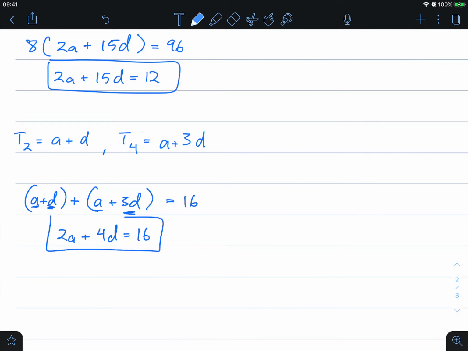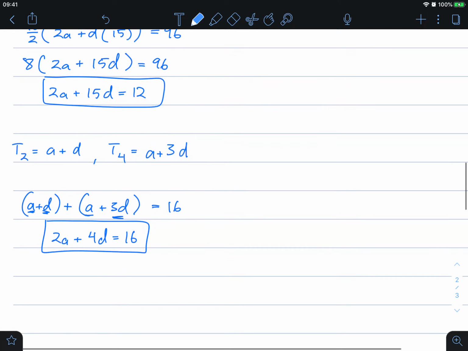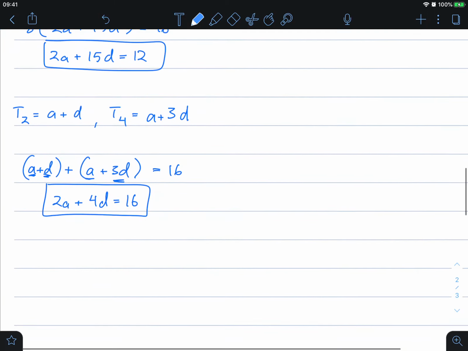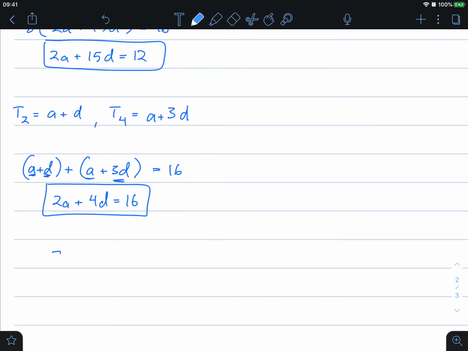Here's our second expression, and now we can see two different expressions that we need to simultaneously solve. Taking the first one, 2a plus 15d equals 12. Below it, we'll place 2a plus 4d equals 16.